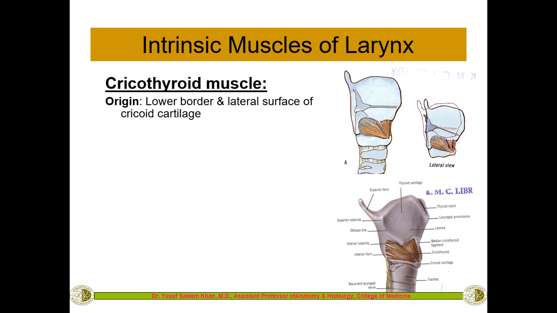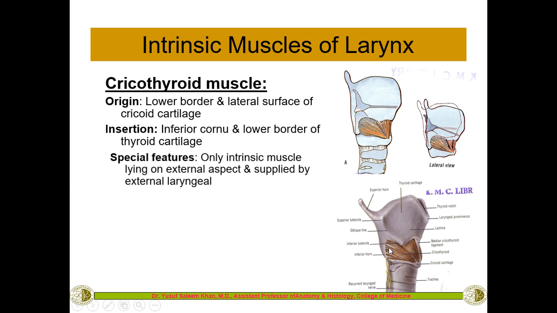Whenever it says cricothyroid muscle, it means it is taking origin from the cricoid cartilage and getting inserted to the thyroid cartilage. So the name itself indicates the origin and insertion. So this muscle, the cricothyroid, will take origin from the lower border and lateral surface of the cricoid cartilage from outside and get inserted to the inferior cornu and lower border of the thyroid cartilage. So this is the origin and this is the insertion.